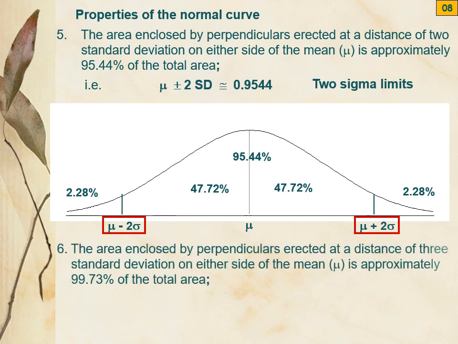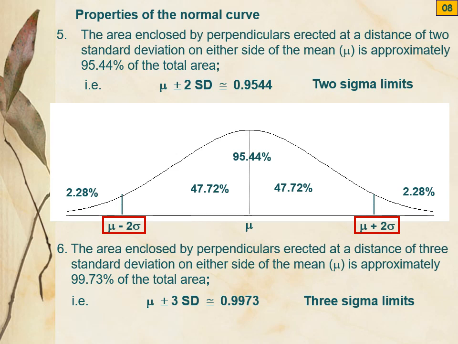The area within 3 sigma distance in a normal curve is 99.73%. They are called 3 sigma limits. So these three values you are supposed to remember. 1 sigma limit covers 68.26% area, 2 sigma limits cover 95.44% area, and 3 sigma limits cover 99.73% area.